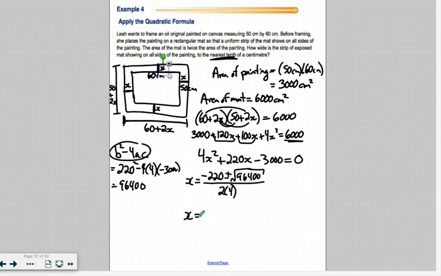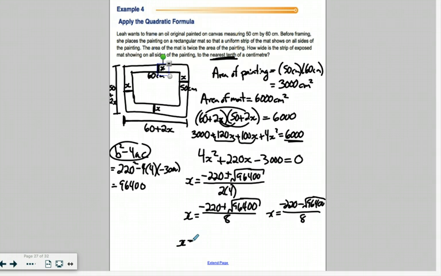So since I've been asked to do it to the nearest tenth, I don't need to keep this as an exact value. I am just going to get an approximation. So in my first solution, it's negative 220 plus the square root of 96,400 divided by 8. And in my second solution, it's negative 220 minus the square root of 96,400 divided by 8.